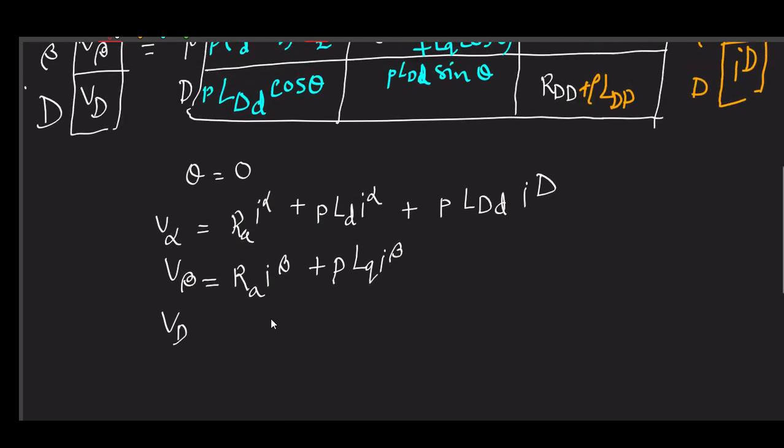That is quite apparent because alpha and beta are in quadrature. If theta is equal to 0, the alpha axis is aligned with the d axis, so it is quite obvious. Now for Vd, what will you get?